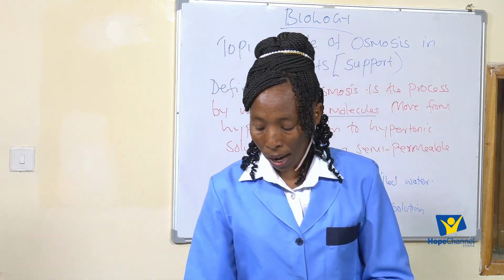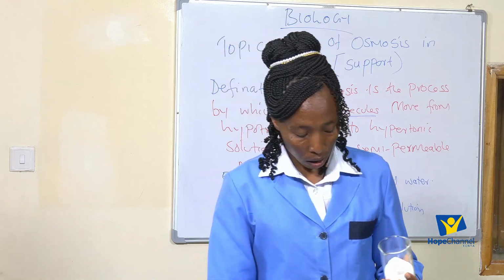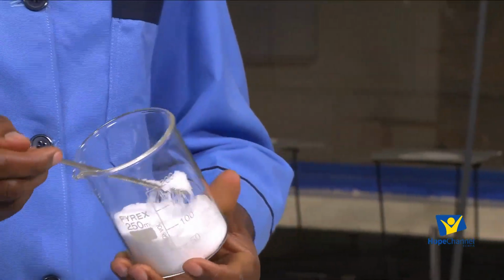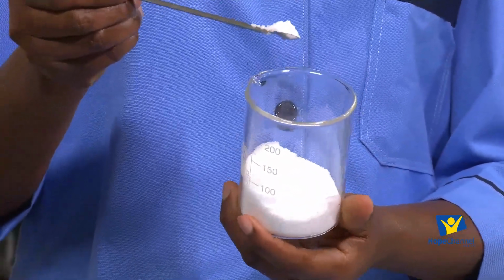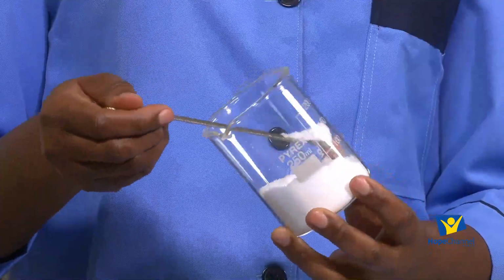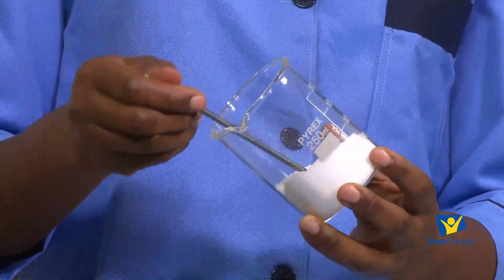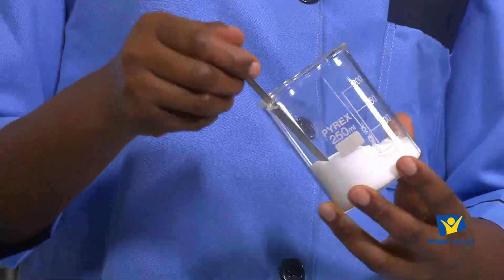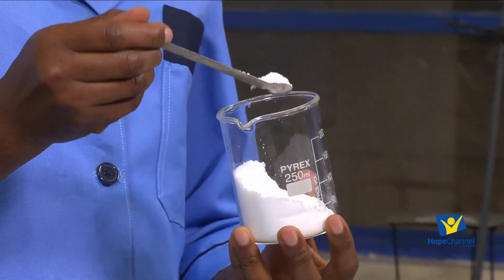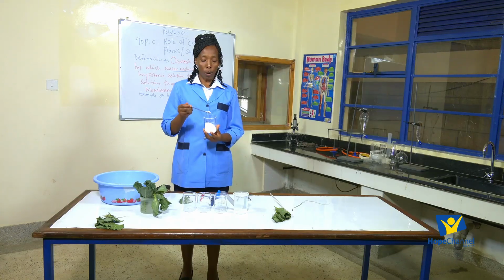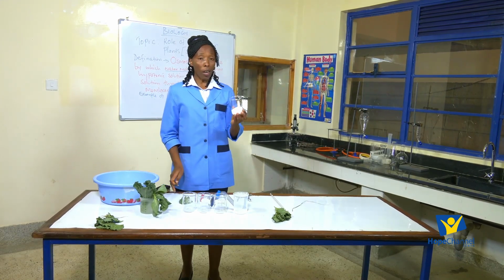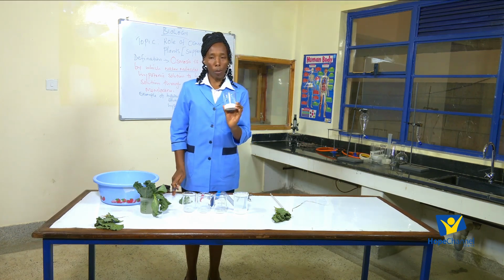So with me, I have salt. This is common salt, which we also call sodium chloride, the common table salt. Now, I want to make a solution of sodium chloride.